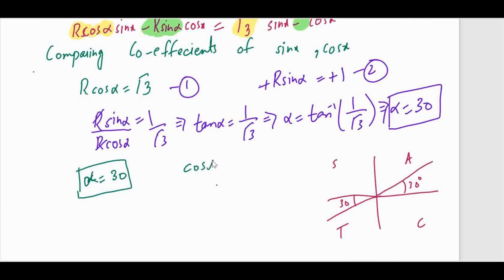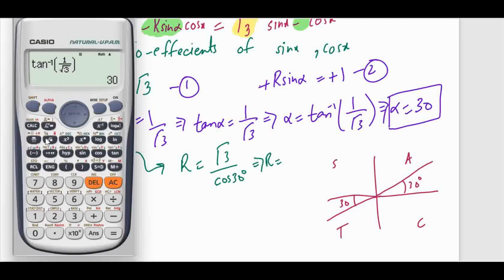So from equation 1 we can write it as r is equals to square root of 3 divided by cos of 30 degrees.